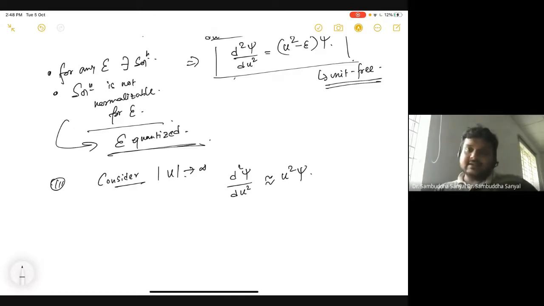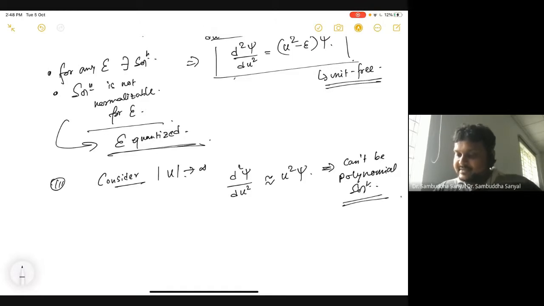Because the u is very large, so I can remove by that sign. So this tells you this can't be a polynomial solution, because with two times derivative, you cannot get this q squared psi form.